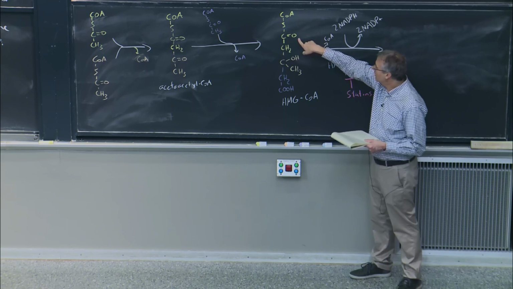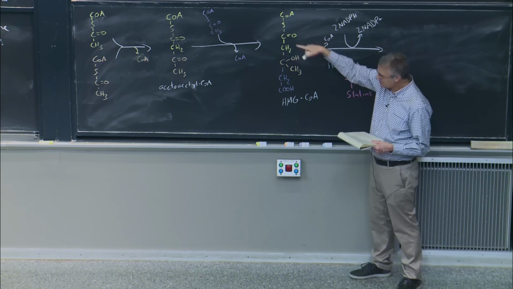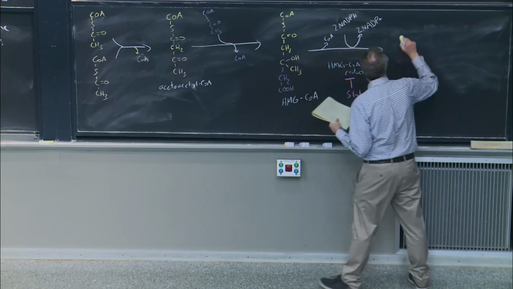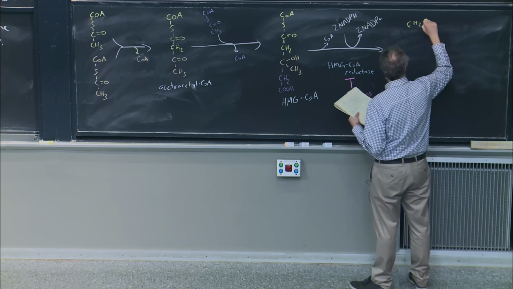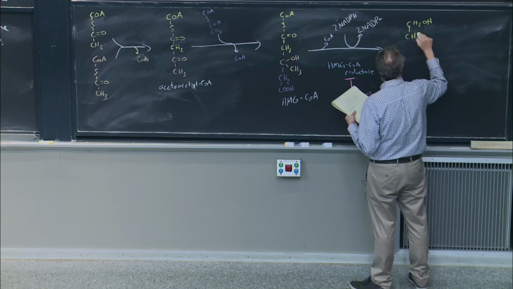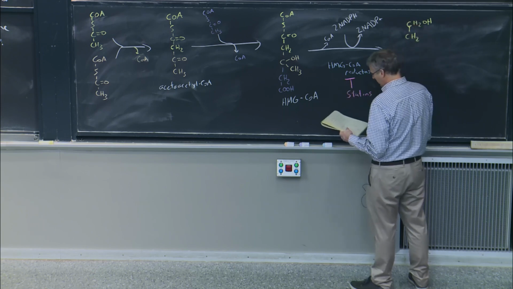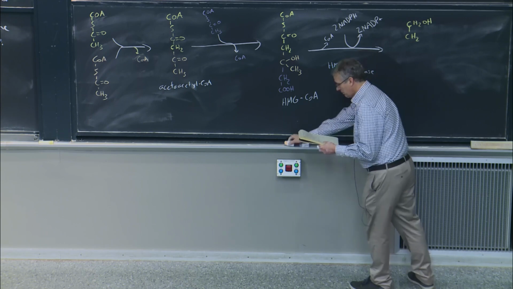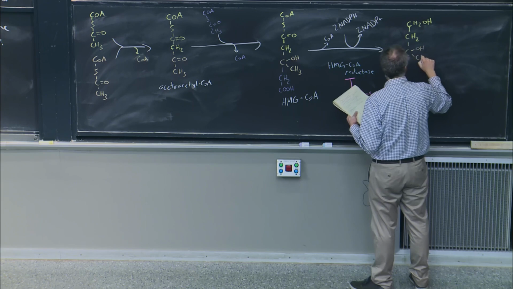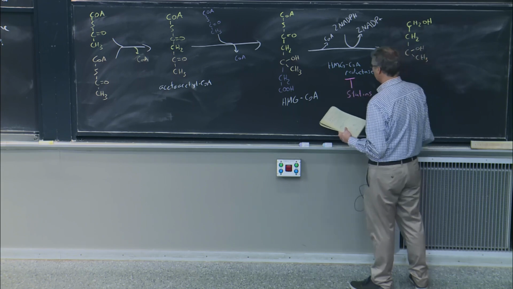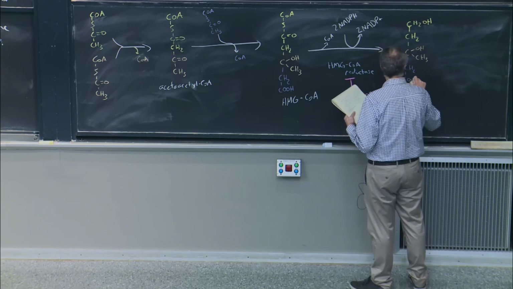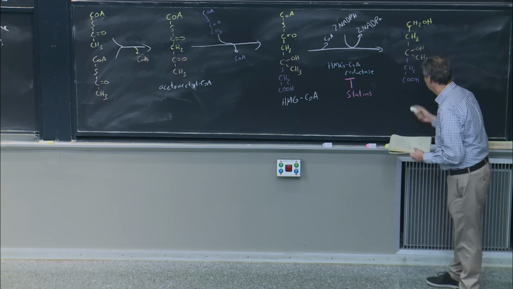When you release this CoA, what are you left with? The acid, you reduce it twice, and you end up with the alcohol, and that gives you this molecule, which is called mevalonate.